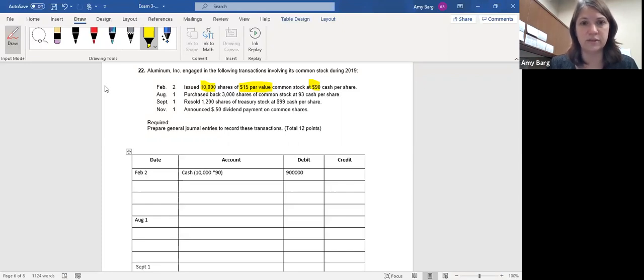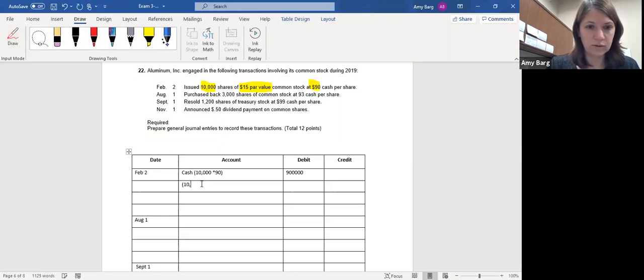They're not supposed to sell it for less than that amount. So we're going to keep that amount separate from whatever else they sold it for. So we sold 10,000 shares and that legal par value is $15. So our common stock is going to go on our books for $150,000.